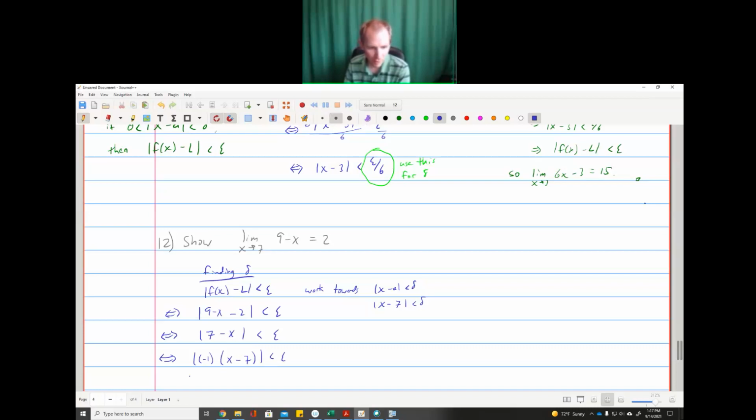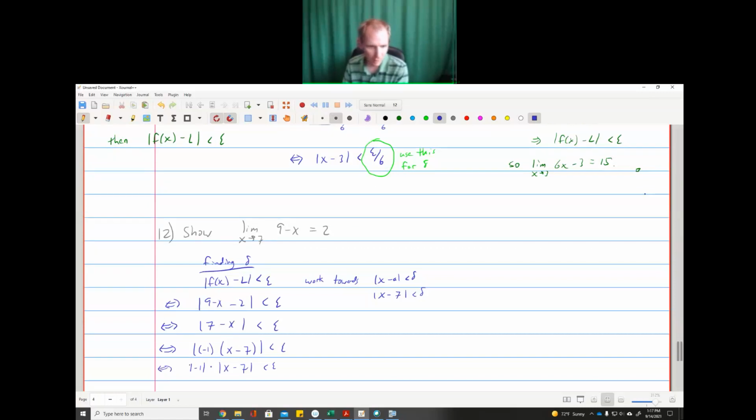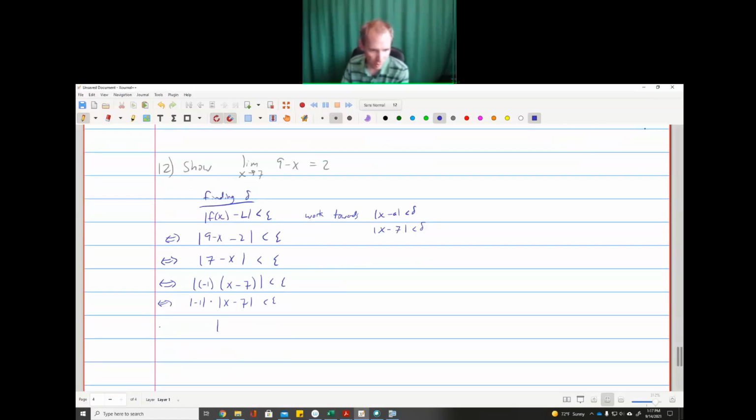Because this is absolute value, the absolute value of negative 1 is just 1. So this is just |x minus 7|. Okay, so we're going to pick delta just equal to epsilon.